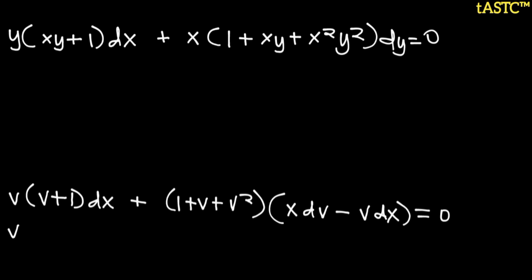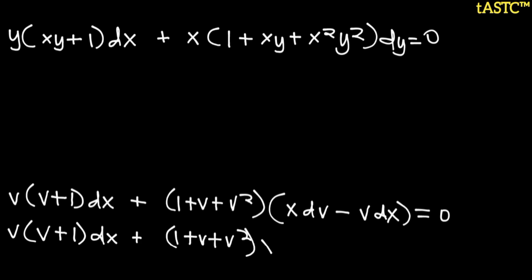So we're going to have v into v plus 1 dx, and here we're going to have 1 plus v squared, and that will be multiplied by x dv, and we have this stuff going to the other side. Okay, now I think I mustn't do that.